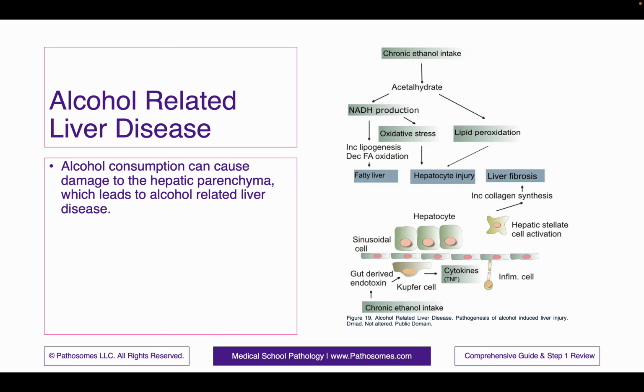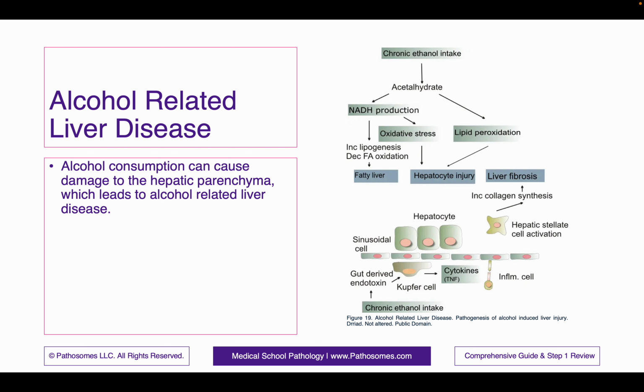Now, alcohol consumption can cause damage to the hepatic parenchyma, which leads to alcohol-related liver disease, as outlined here to the right with this depiction of what happens with chronic ethanol intake and how the liver is affected at the hepatocyte level. This is the pathogenesis of alcohol-induced liver injury, right?